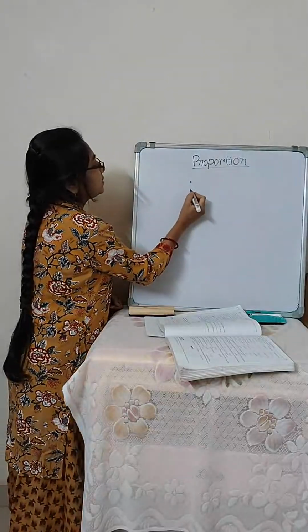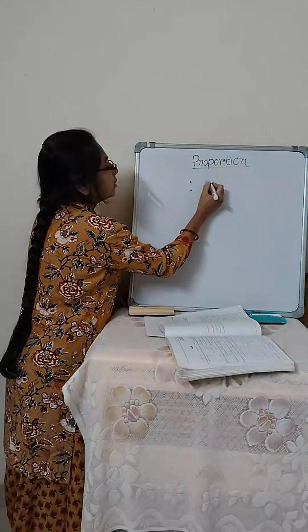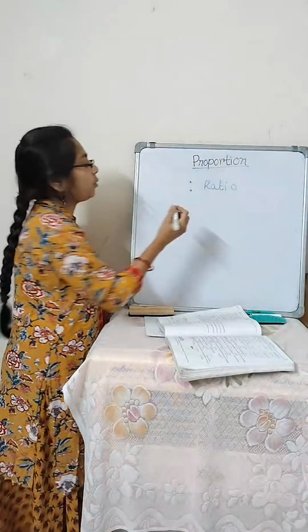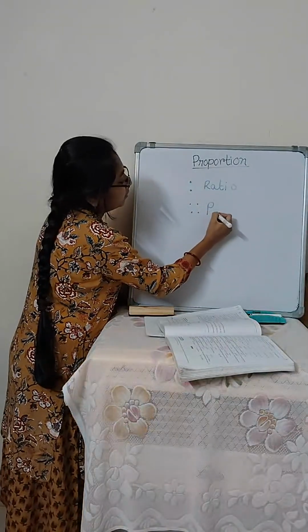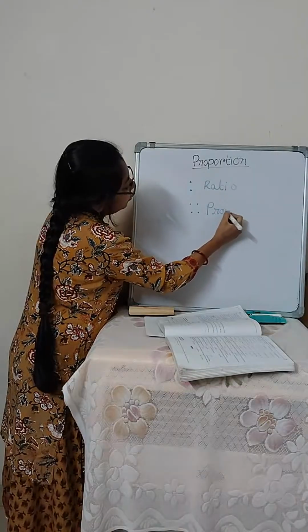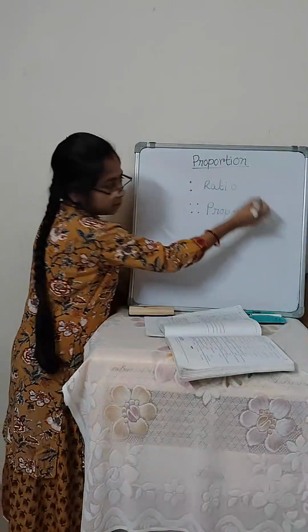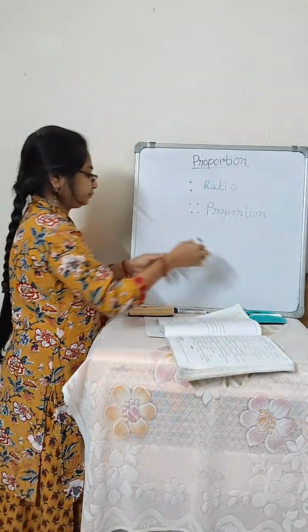This is the sign of the ratio, R-A-T-I-O. And this is the sign of the proportion. In a ratio, in general, we use two variables.